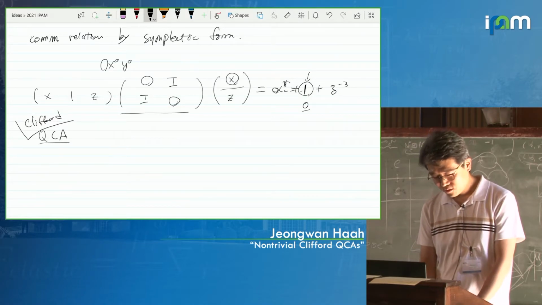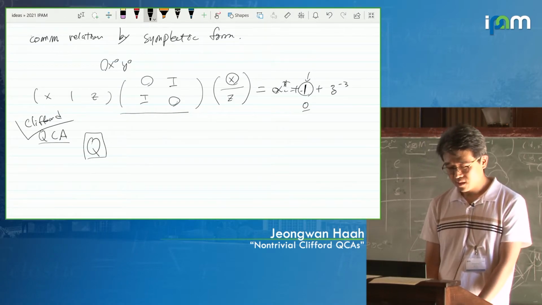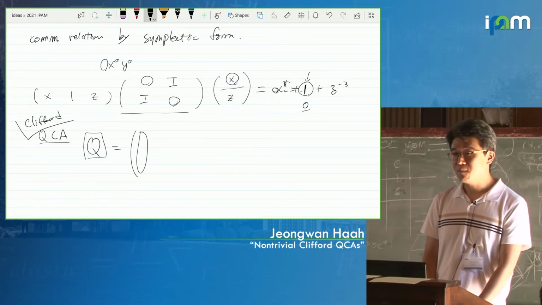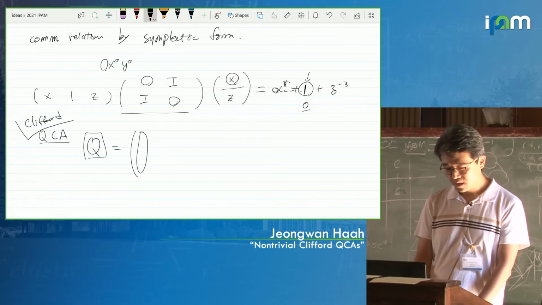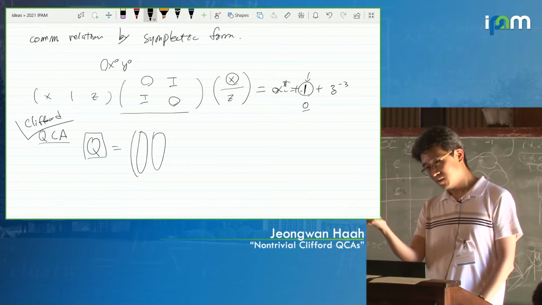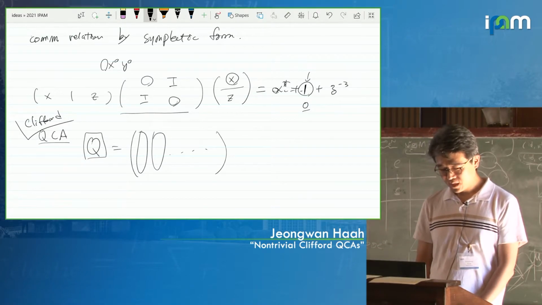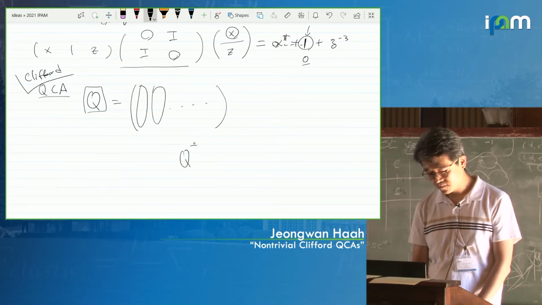So your QCA, if I write each column to be the image of single qubit Pauli X, the next one to be the image of single qubit Pauli X, but some other location. And so if I enumerate all of them, then this matrix must satisfy this equation.